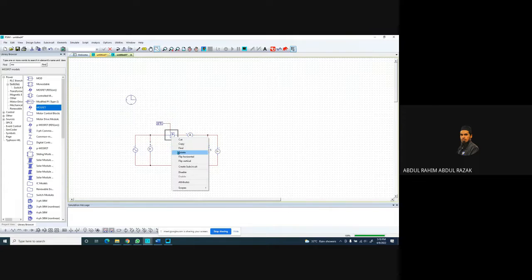Rotate. Again, one more. That's the correct way. So it enters from the drain to the source. Okay, run again.